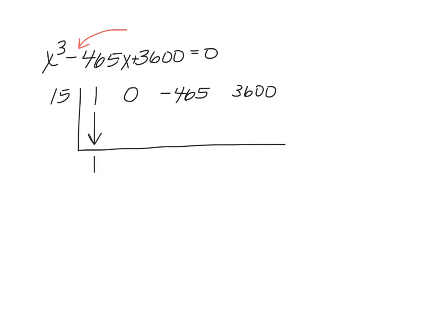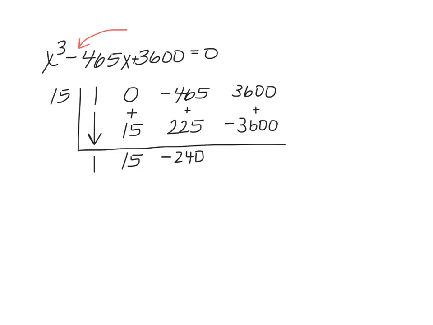So we'll drop the first value down, multiply 1 times 15, add 0 plus 15, multiply 15 times 15, which will be positive 225, add negative 465 plus 225, which will be a negative 240, and then multiply negative 240 by 15, which is going to give us a negative 3,600.